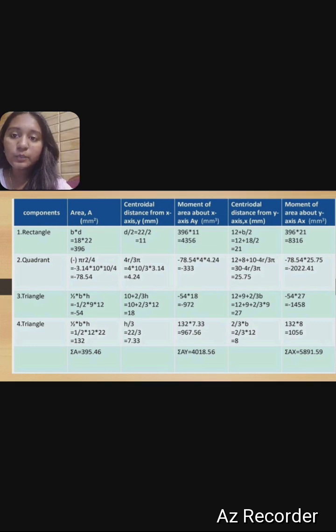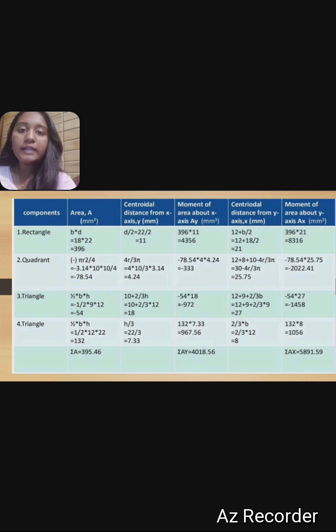Our third component is the triangle, and here we take 10 plus 2 divided by 3 into h, that is 10 plus 2 divided by 3 into 12. That gives you 18. Now for the next triangle, we take h by 3, that is 22 by 3, and we get 7.33 as the answer.